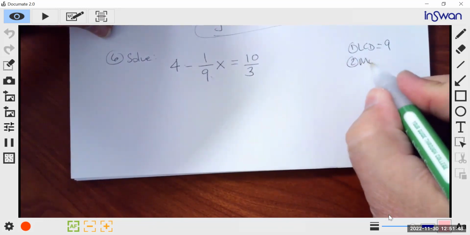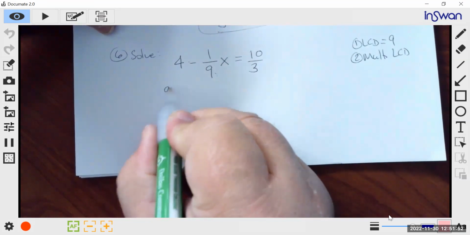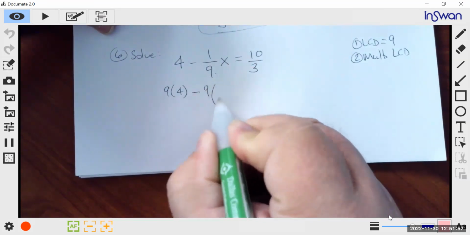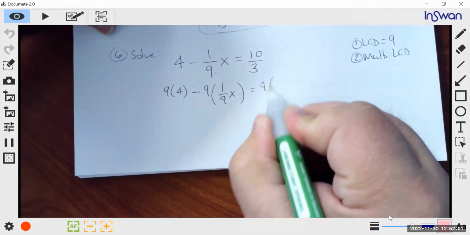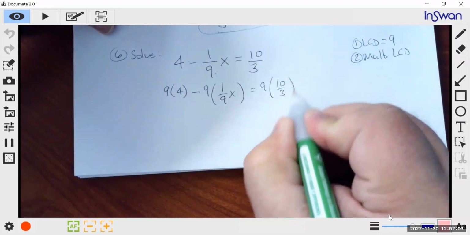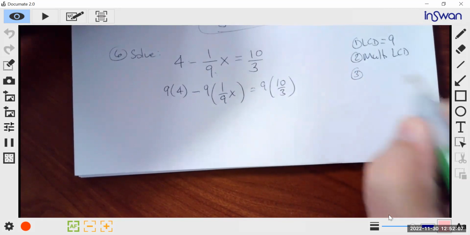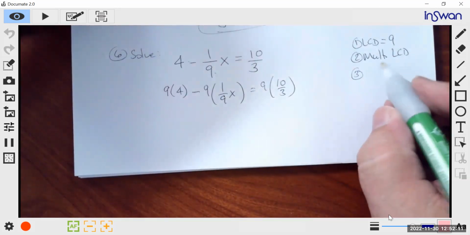We multiply the LCD to each term. So 9 times 4 minus 9 times 1/9x equals 9 times 10/3. So I multiply 9, the LCD, in front of each term.